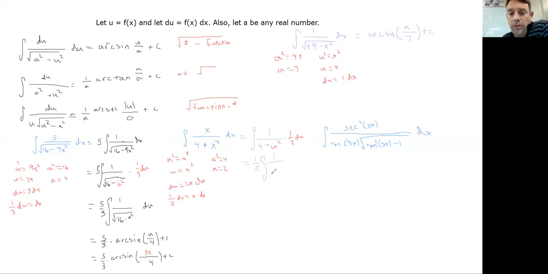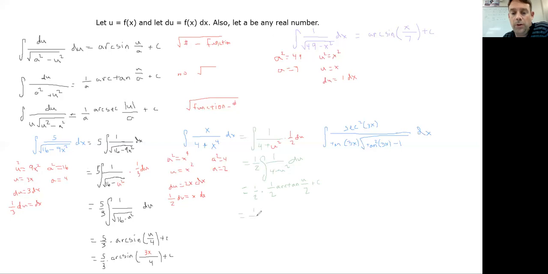So these are really just a matter of matching up pieces and picking the right integral. So we end up then with 1/2 times 1 over a, and our a value was 2, arctangent u over a, so u over 2 plus c.